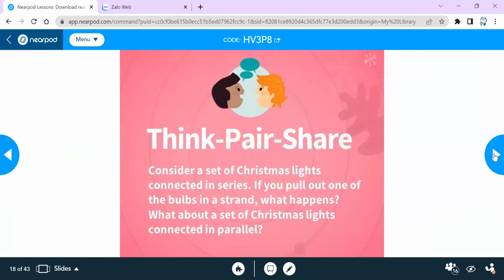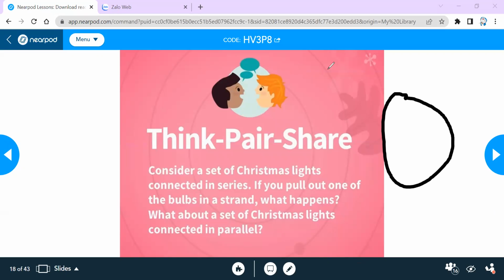So now, let's think about these questions. Consider a set of Christmas lights connected in series. If you were to pull out one of the bulbs in a strand, what happens? What about a set of Christmas lights connected in parallel? Let's say we have Christmas lights all in one straight line.